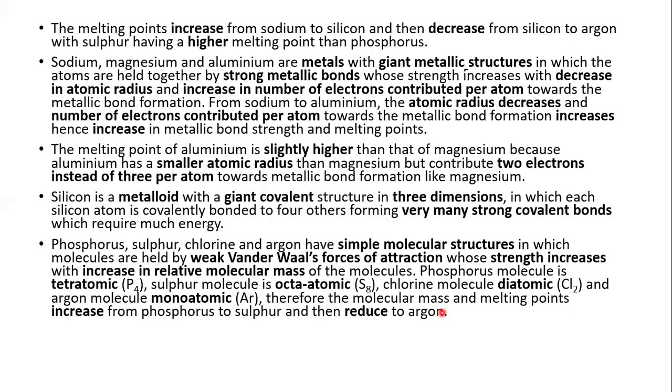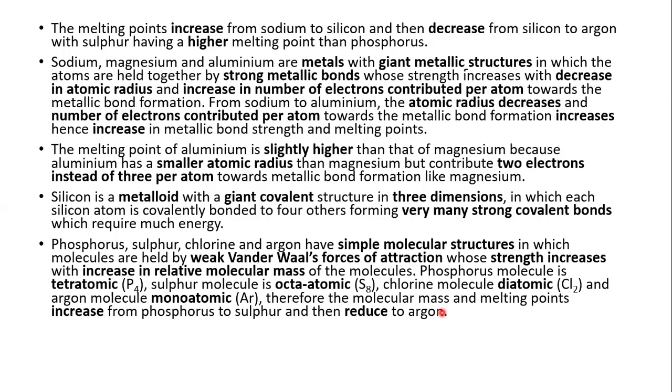Now this aluminum chloride is predominantly covalent, so it is not ionic. That's why it doesn't have giant ionic structures, but has a simple molecular structure. So that was the question.